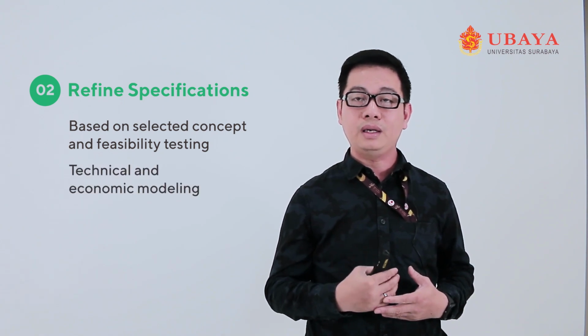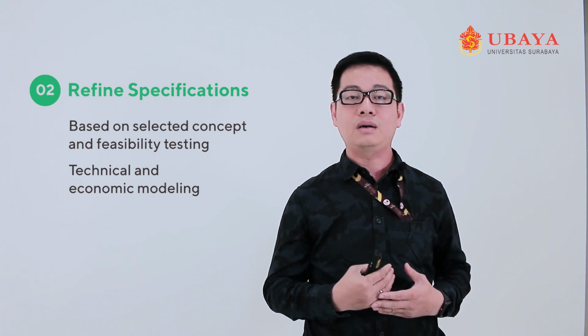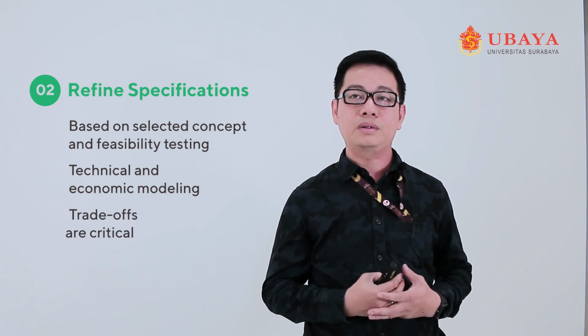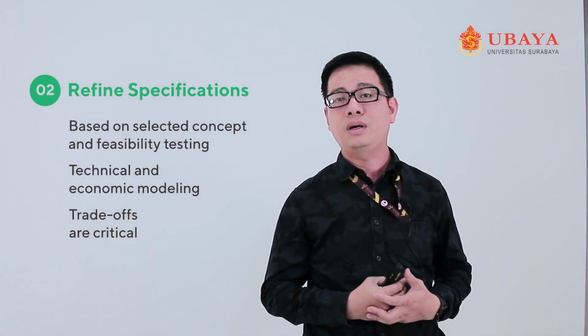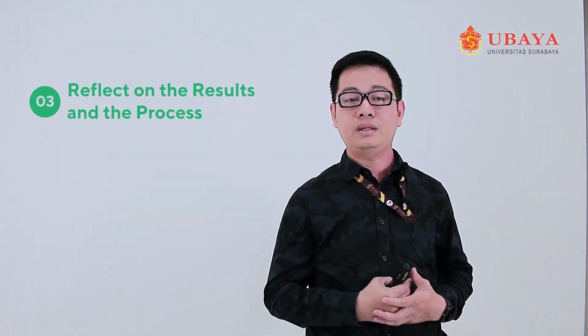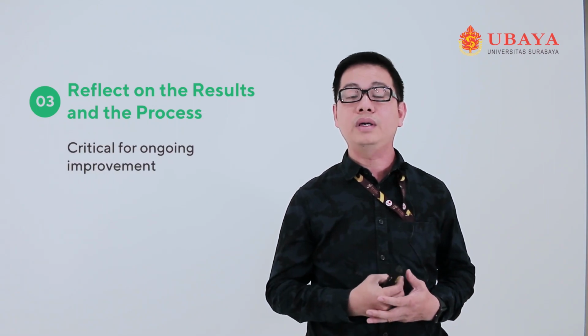Technical and economic modeling, for example, is one of the constraints. The third constraint is maybe the time limit given by your customers. And after setting the target specification and refining the specifications, finally we have the reflections on the result and the process. So this is a critical step for ongoing improvement.